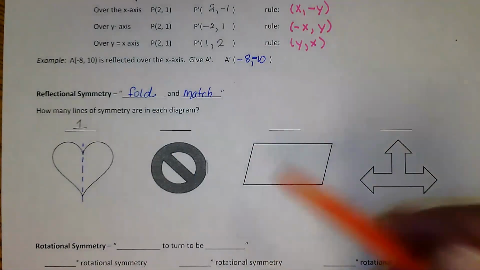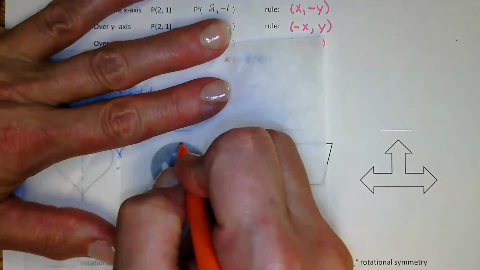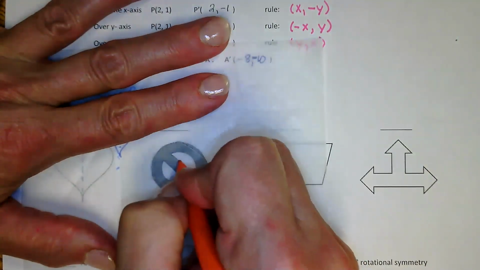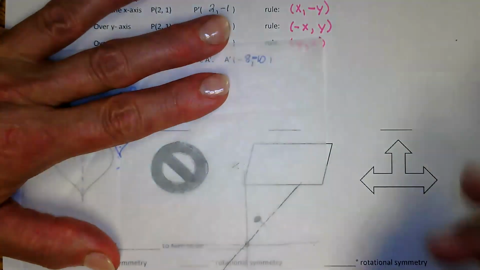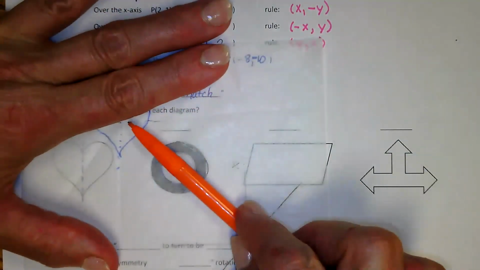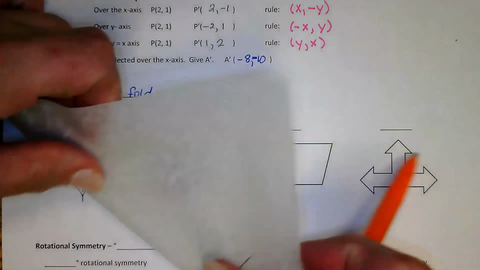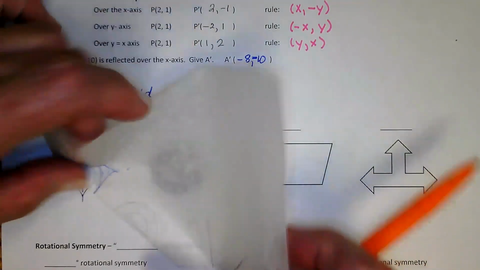All right, where can I fold this shape? Well, I'm just going to kind of sketch the outside of it, and then I've got this right here. I think most everybody would say you could fold it right here. Well, let's find out. Yep, if I could draw straight, you can see it does match up.